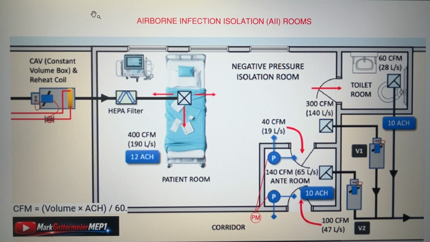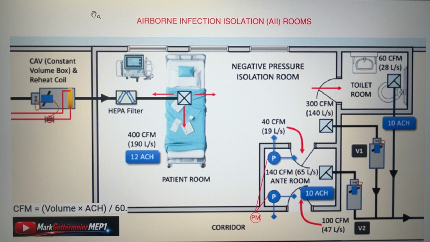In this video, I'm going to talk about airborne infection isolation rooms. In healthcare facilities, you'll have a patient that is either immunocompromised, where you would want a positive isolation room, or they have an infectious disease, in which case you would want a negative pressure isolation room.